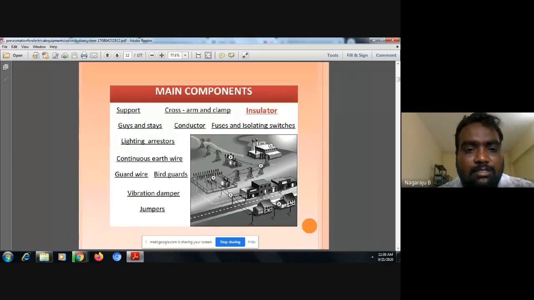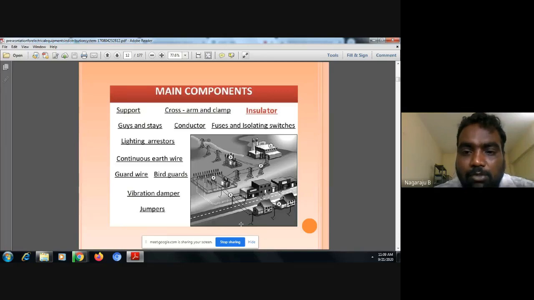Third, lightning arresters. Fourth is the continuous earth, fifth, bird guards. Sixth is the vibration dampers. Seventh is the jumpers.